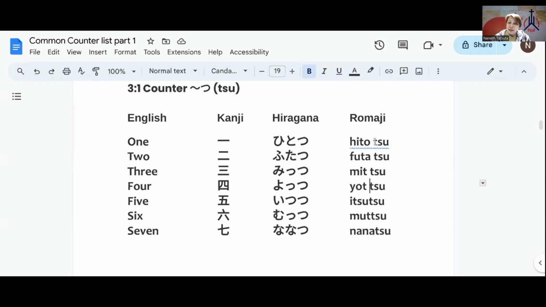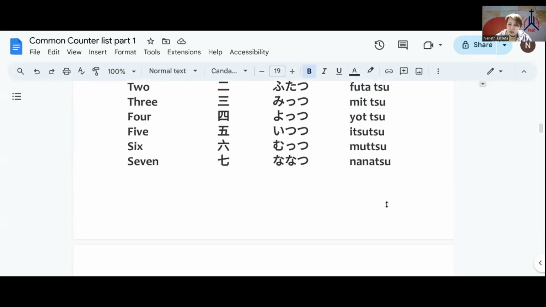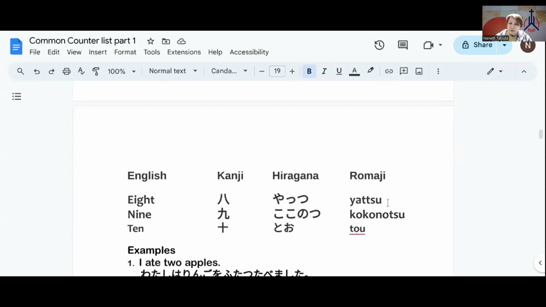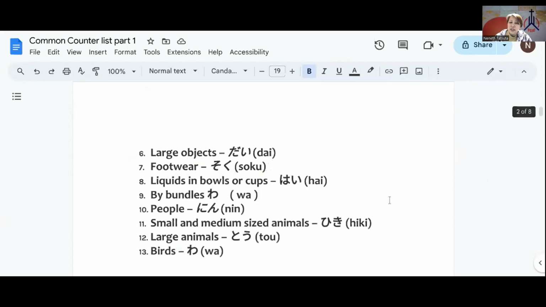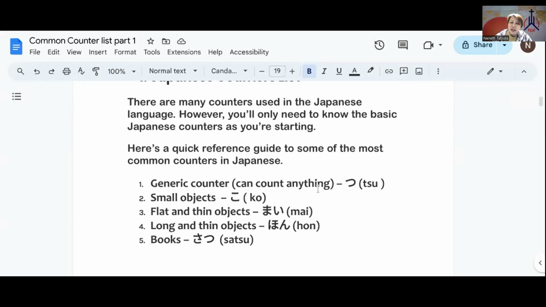So just add tsu for your hitotsu, futatsu, mitsu, yotsu, itsutsu, mutsu, nanatsu, and so on. Okay, this is the ordinary or the generic counter.